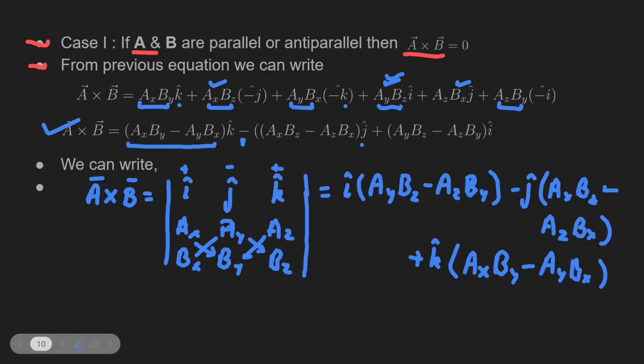So what is the physical significance? We have studied about the torque. Torque is equal to R cross F. We know that torque is a turning moment.